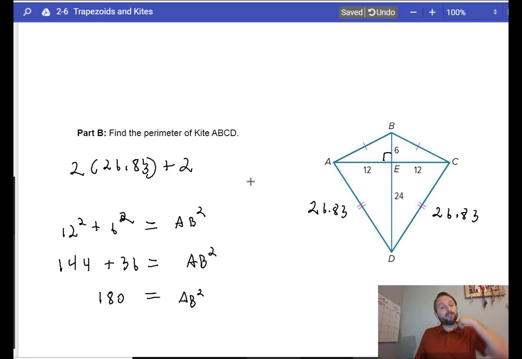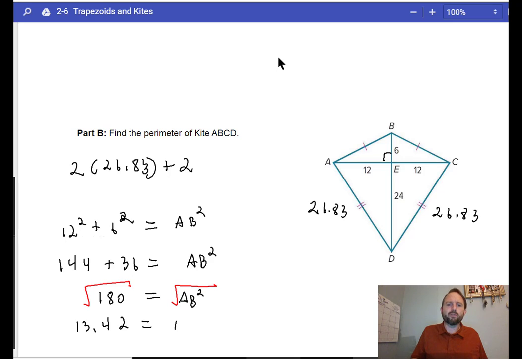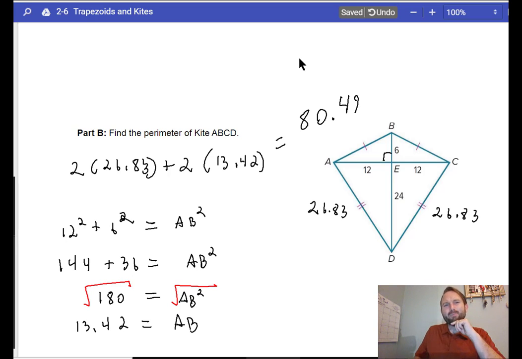Now the opposite of squaring something is the square root, so I plug it in my calculator, and I get 13.42 is equal to AB. So that means I'm going to multiply that by 2. And if I use the calculator to do 2 times this plus 2 times that, I get 80.49.